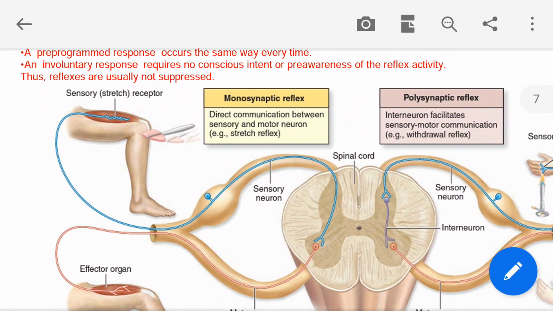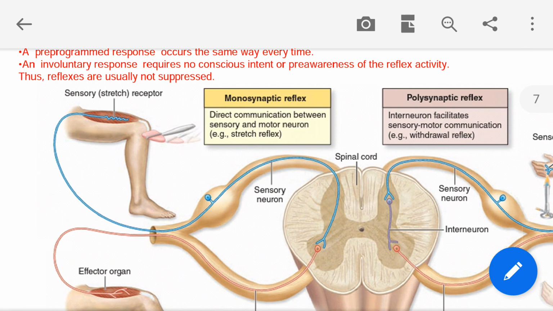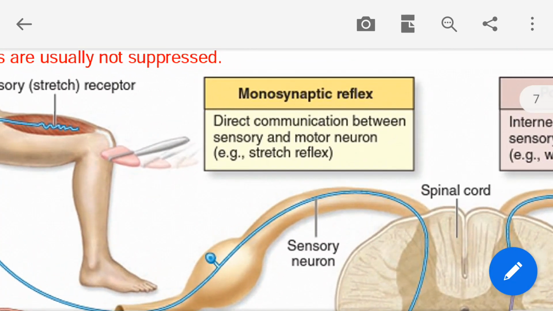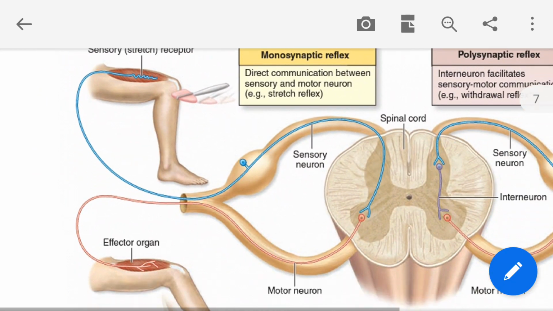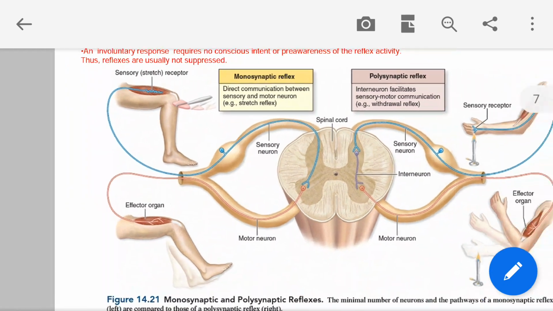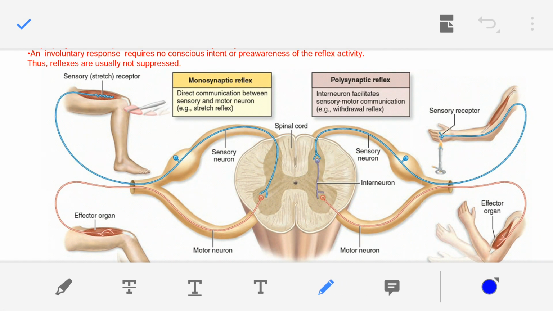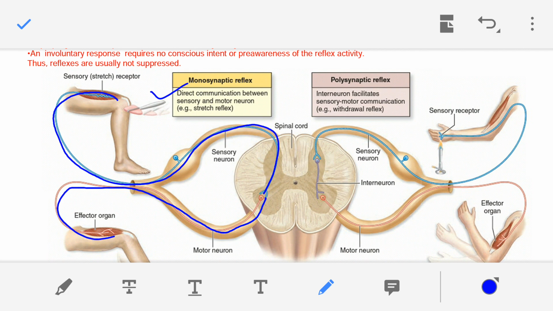The doctor was tapping the ligament with a small hammer. Now in this monosynaptic reflex, as you can see in the figure, there is a direct communication between the sensory and motor neuron. Here with the blue color, this one is the sensory neuron, and with the red color, this one is the motor neuron.